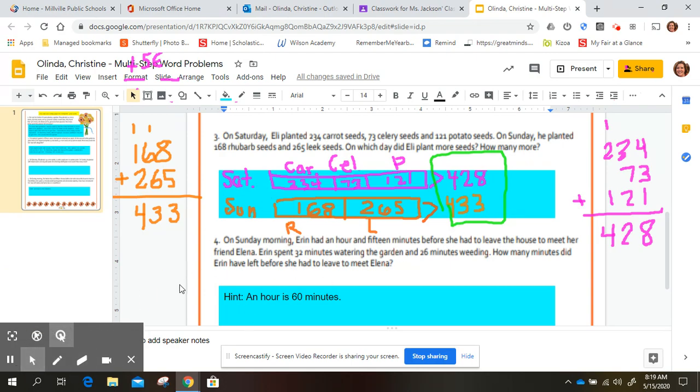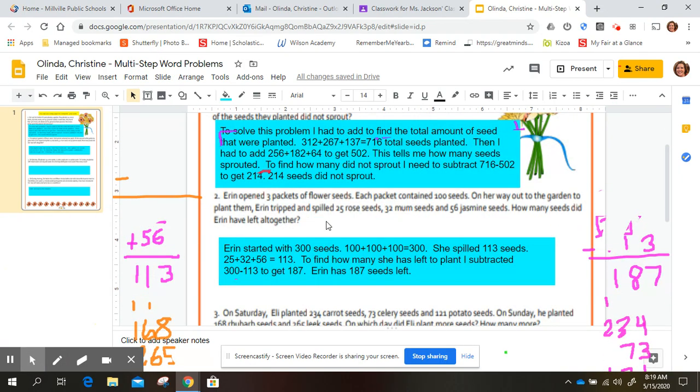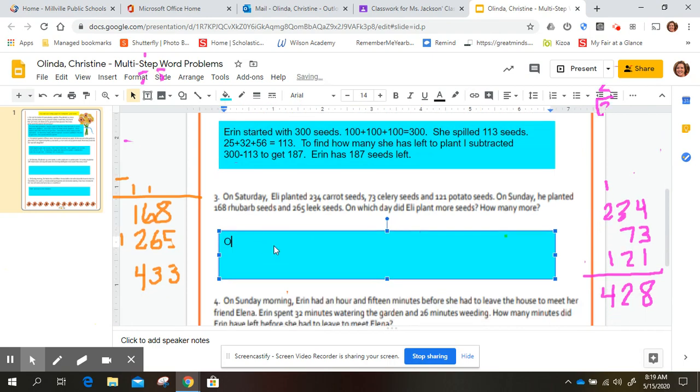So I can type in my box. I guess I'll need to erase first. All right, I can say, whoops. Okay. On Saturday, Eli planted 428 seeds, and that would be 234 plus 73 plus 121, and that equals 428.